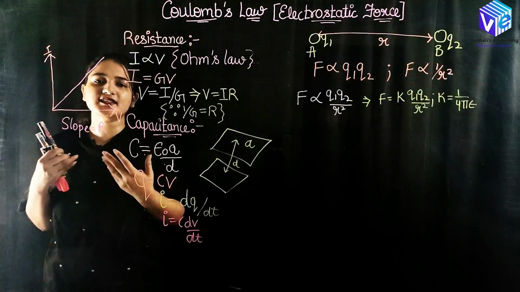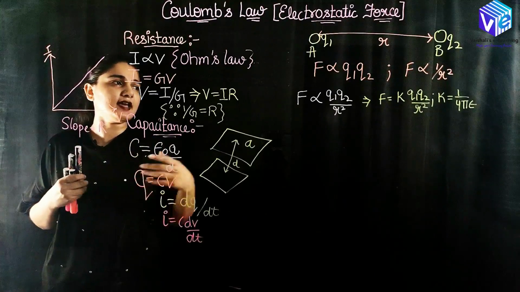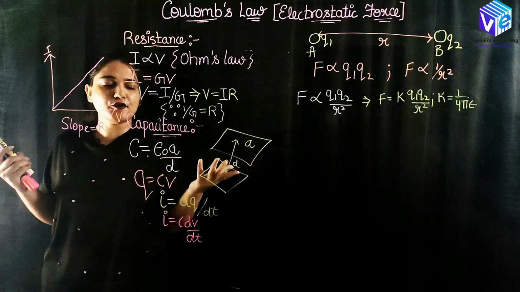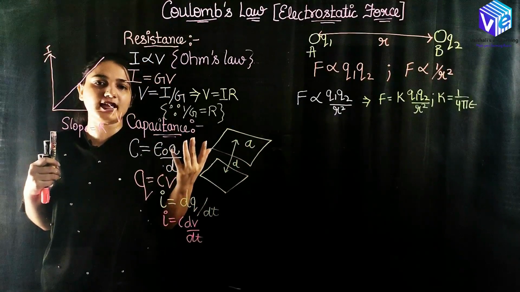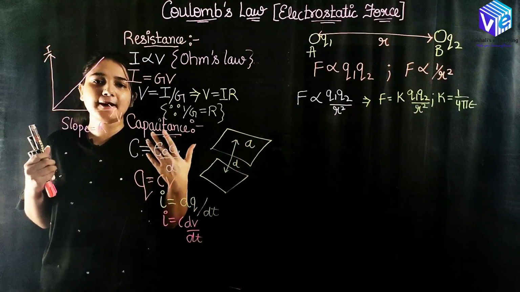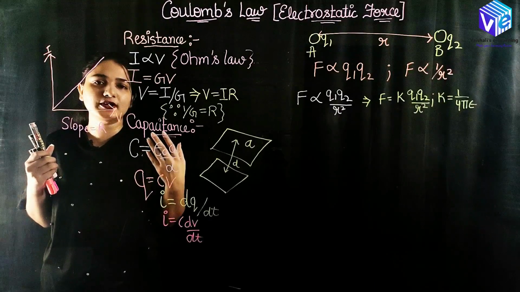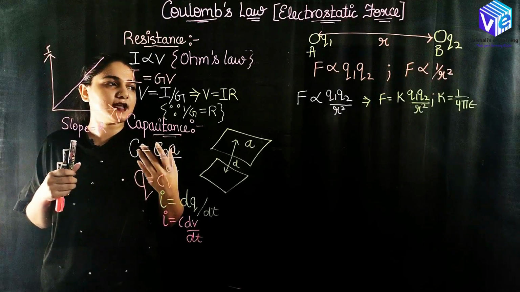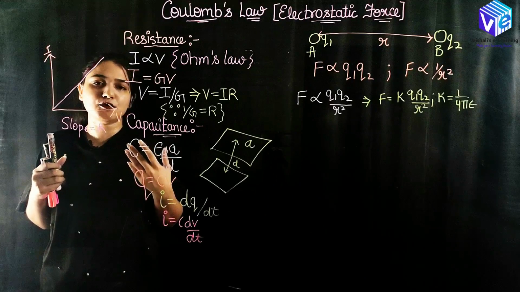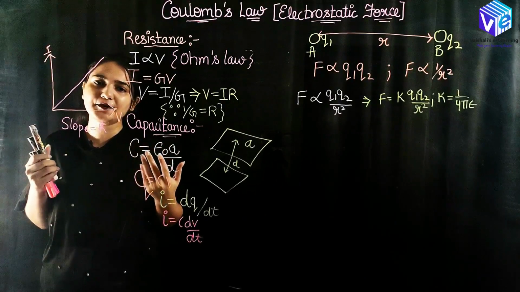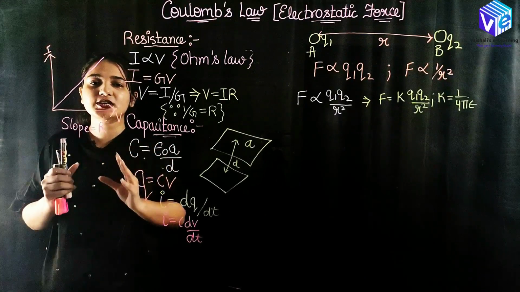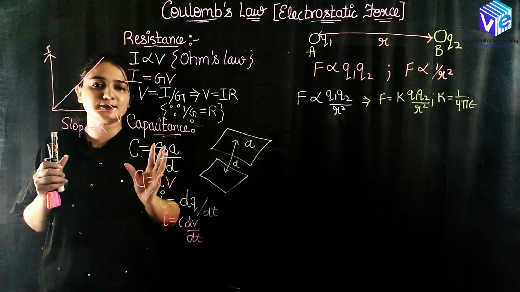What is K? K is the constant of proportionality, and the exact value of K is 1 upon 4 pi epsilon. In free space, K is equal to 1 upon 4 pi epsilon naught. Epsilon naught is the permittivity of free space.